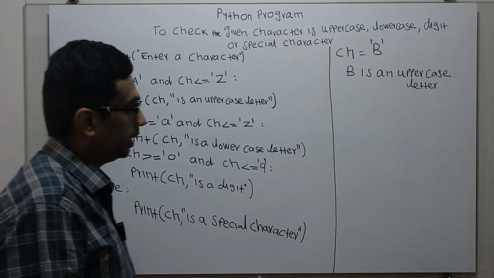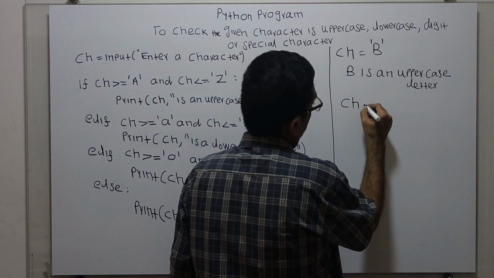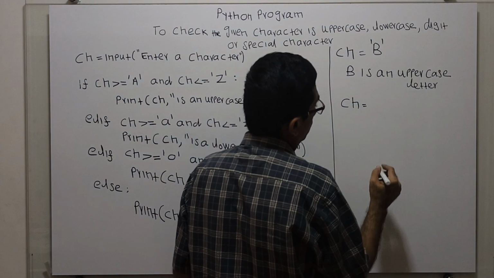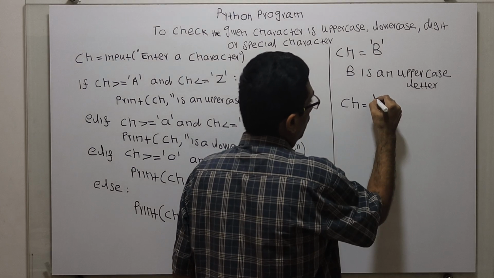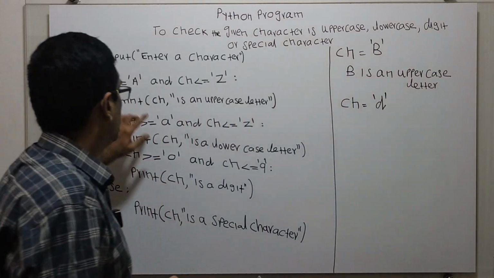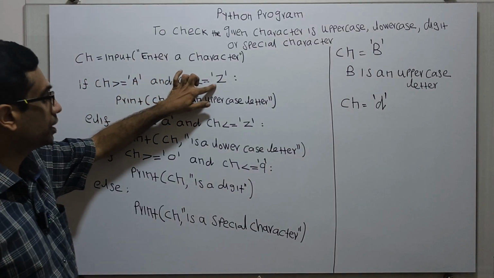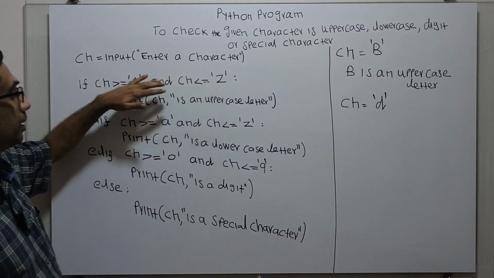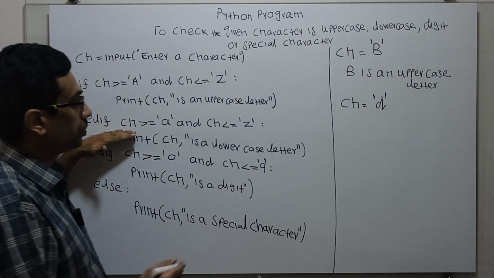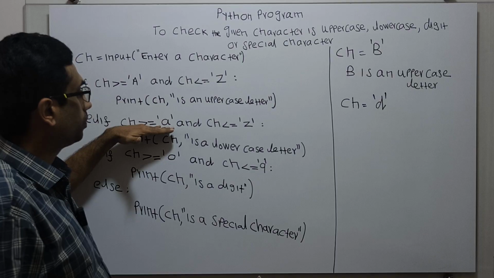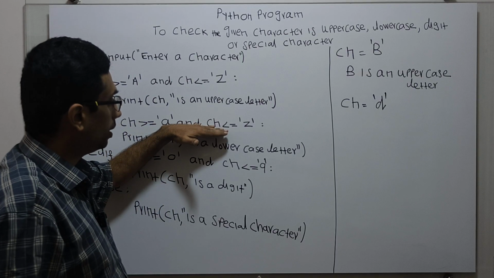I am executing the program again. Now I am giving ch equal to small d. It will check ch greater than or equal to capital A and ch less than or equal to capital Z. This is false. It will come to this place and check this condition. Small d greater than or equal to small a is true and small d less than or equal to small z is also true.